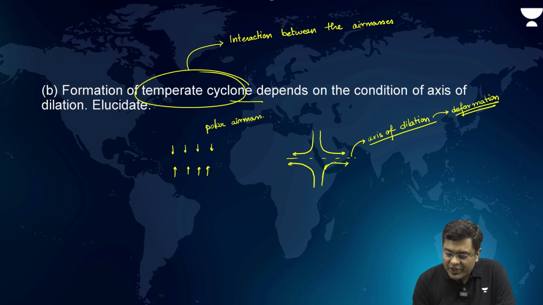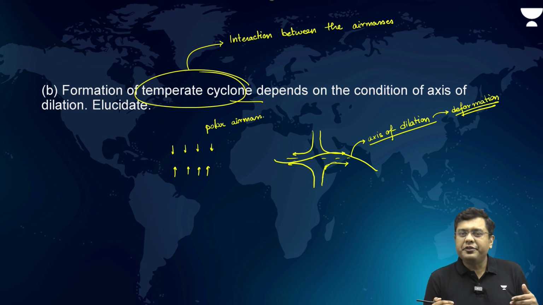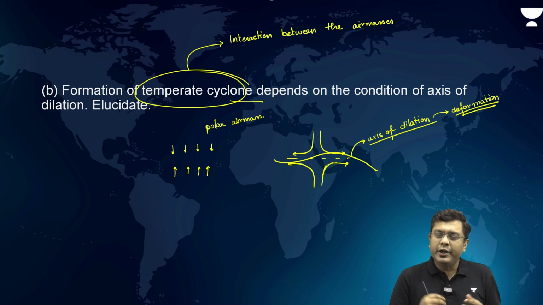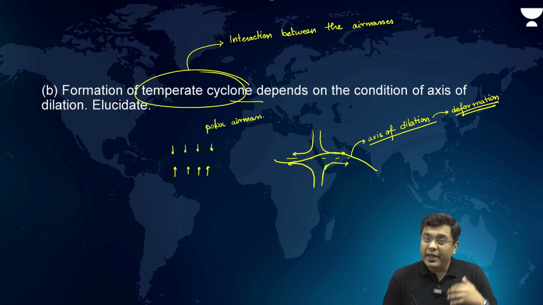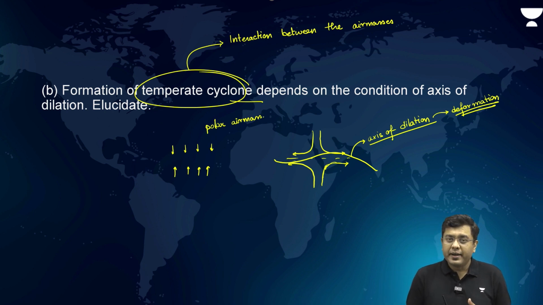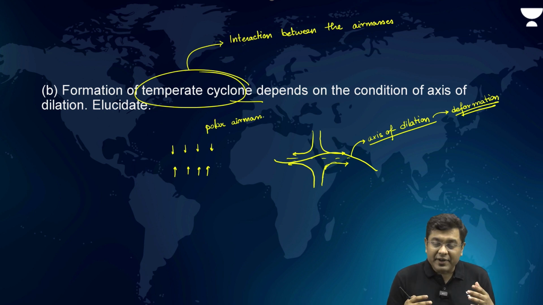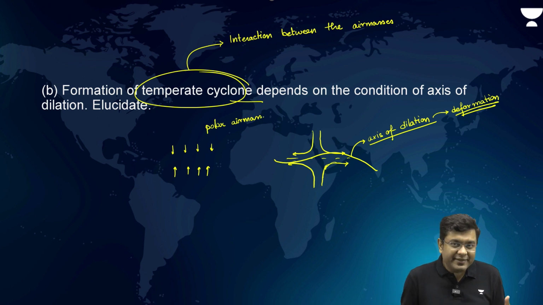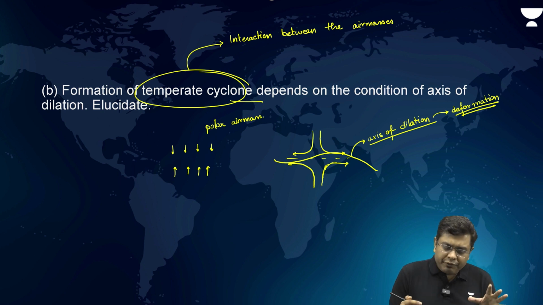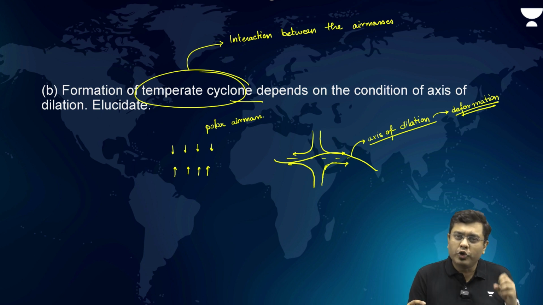In that situation, as it gets deformed, let's suppose its new condition becomes somewhat like this. Only in that case will you have the warmer air mass going into the region of the colder air and the colder air mass coming into the region of warmer air, and that is when you will have a significant or a substantial frontogenesis which can happen. And for the formation of a temperate cyclone, frontogenesis is a very required precondition which needs to be fulfilled.